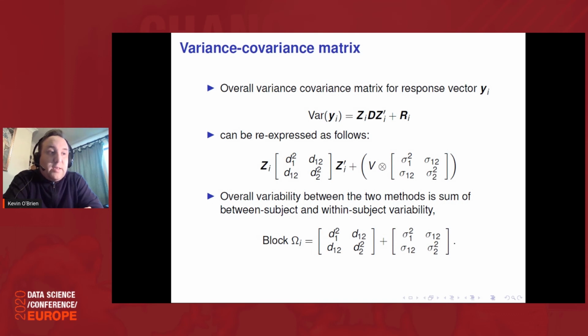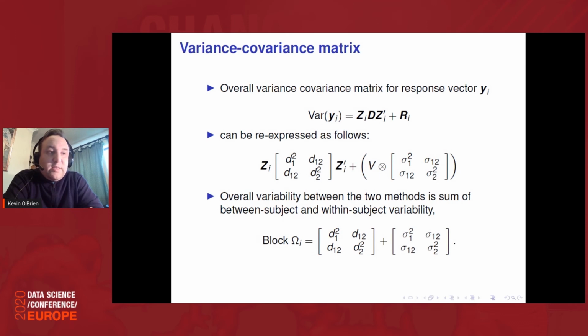One component is D, which is the between subject variance, the precision, and the second component is sigma, the within subject variance. So this allows us to separate the two out and look at them individually.